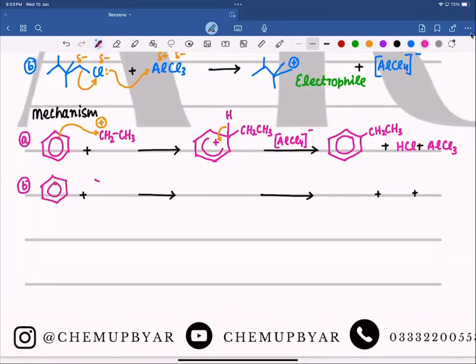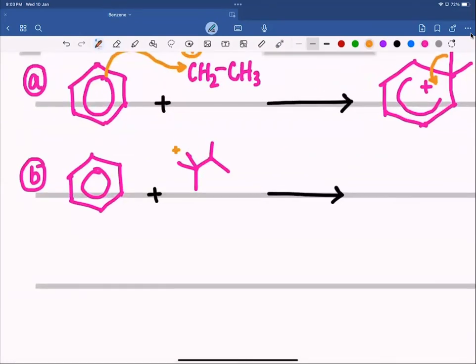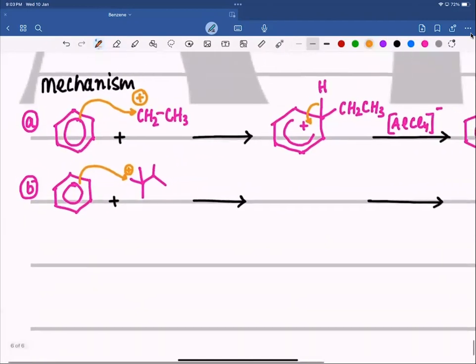Now the carbon which becomes positively charged faces the benzene ring. And if you see, it is the carbon which is on the left. So what will happen? The benzene ring again attacks this carbon as it's an electrophile, electron deficient, with the pi bonding system.